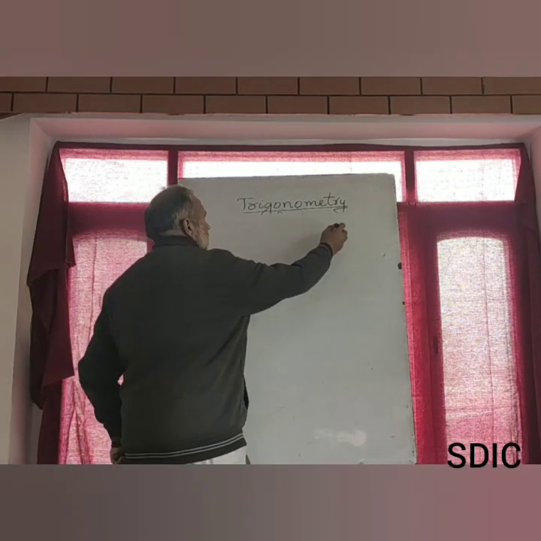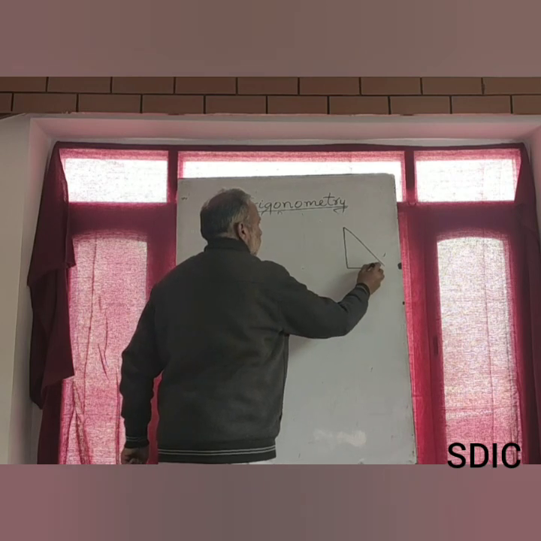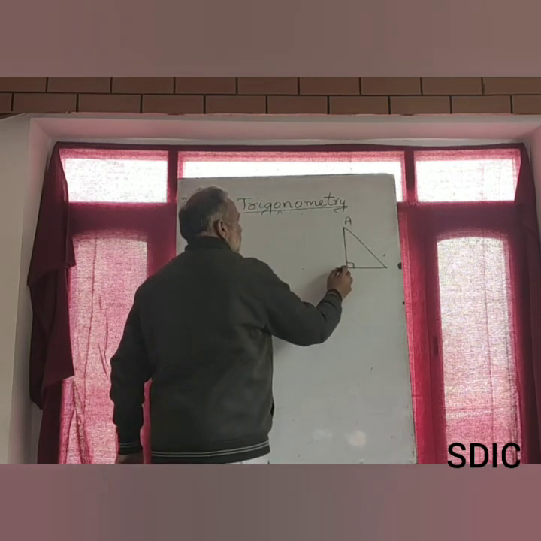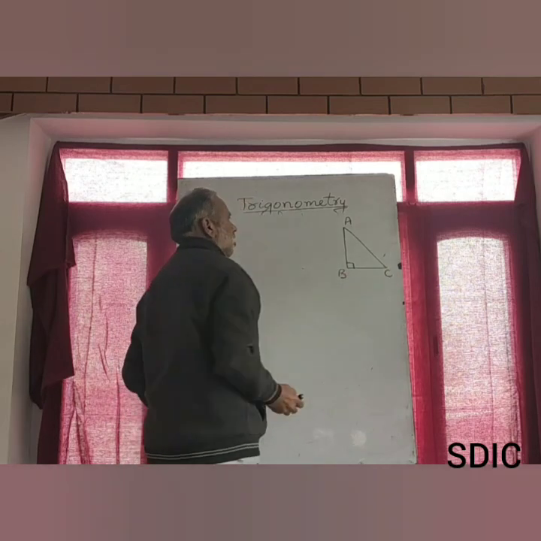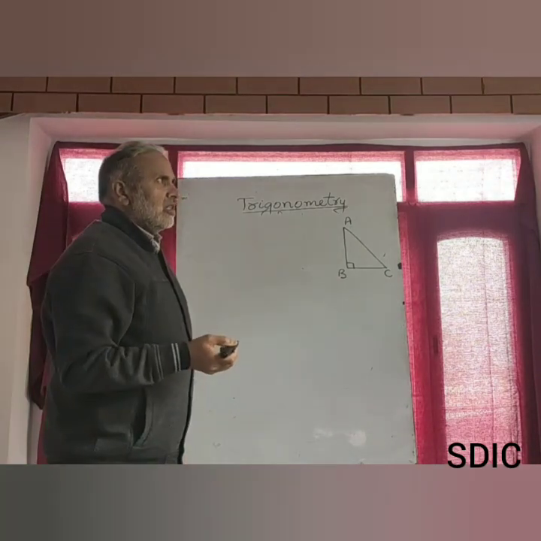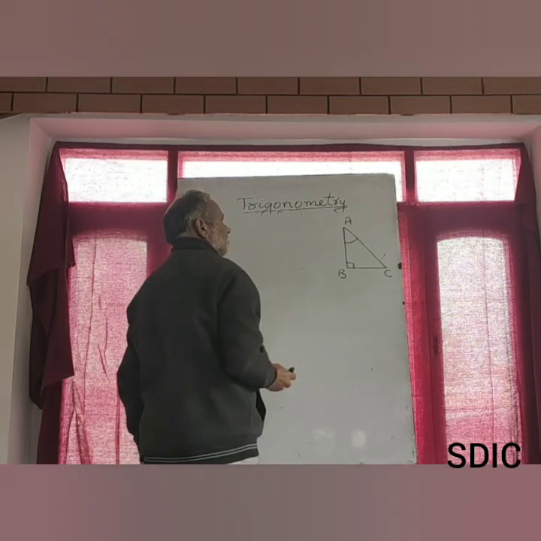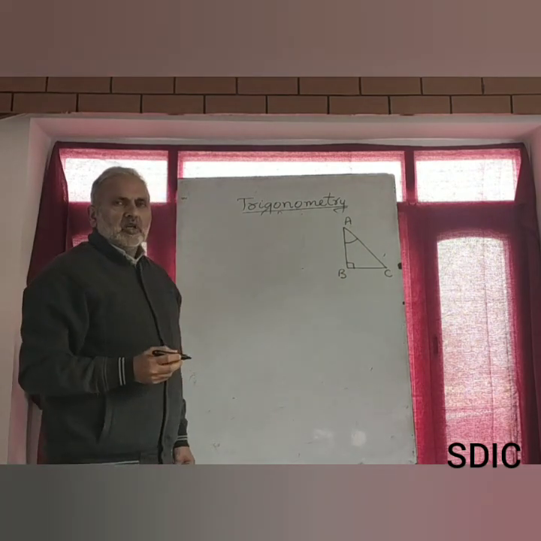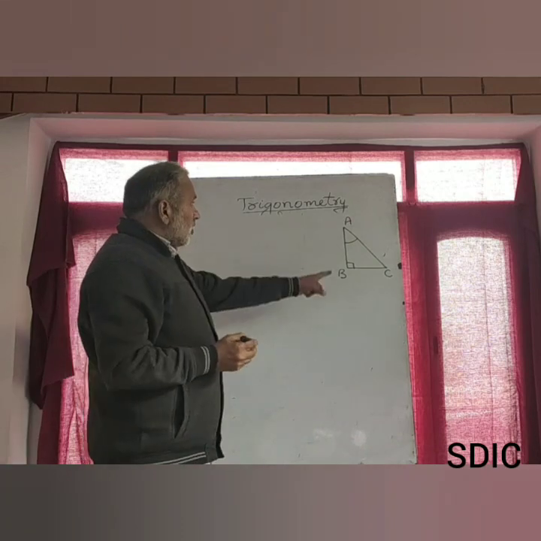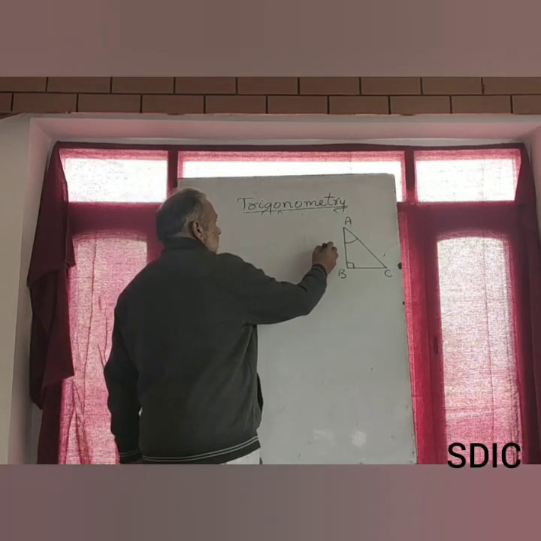Let us choose a right triangle ABC, right angled at B, and let us choose its acute angle A. Now, as discussed earlier, with respect to acute angle A, AB will be the base.